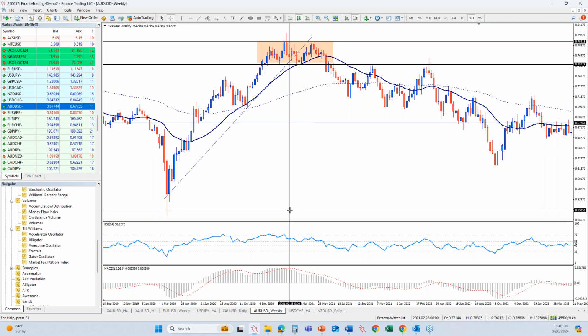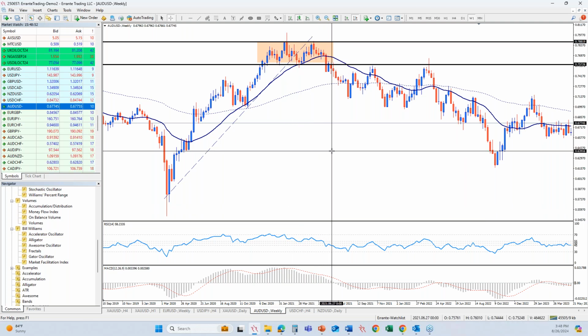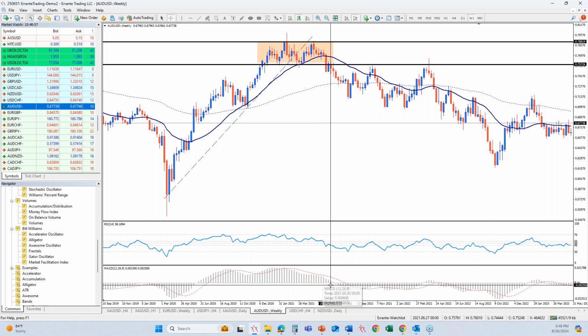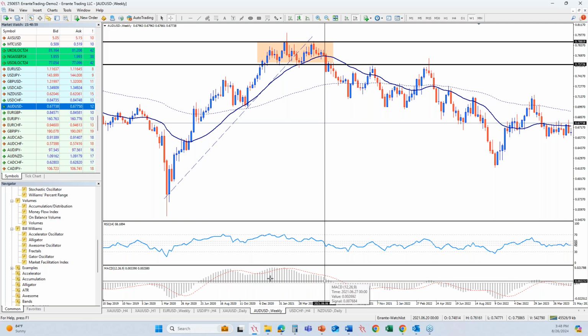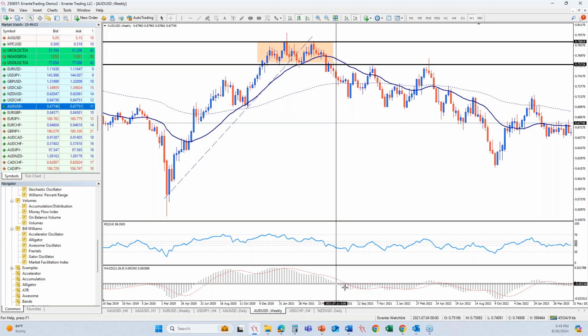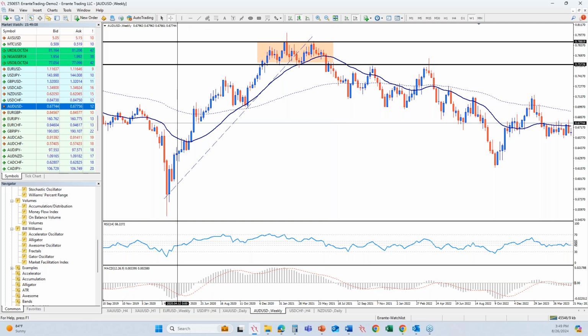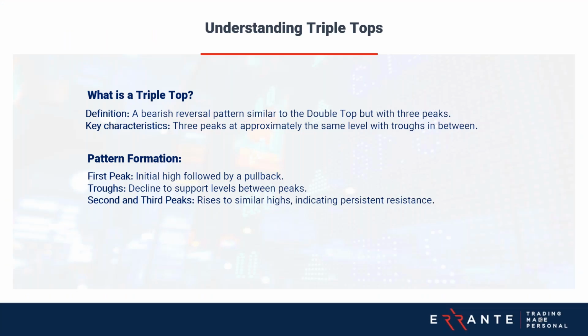Then we can expect the market to show the control of sellers by crossing the MACD histogram from the zero line, as we see here. And we will discuss it in more detail later.